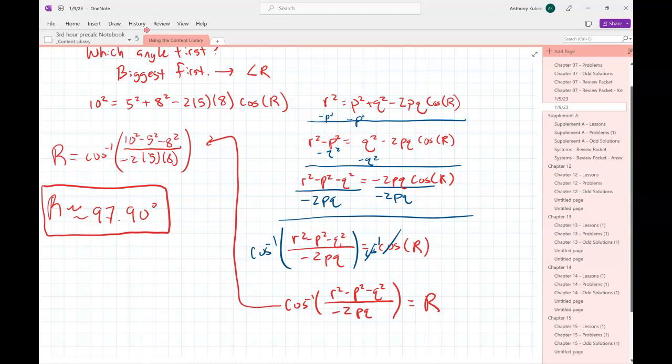But if this was an acute angle, then we need to be careful. I just get in the habit of always treating this angle as if it was an acute angle and finding the smaller of the remaining angles next using the law of sines.